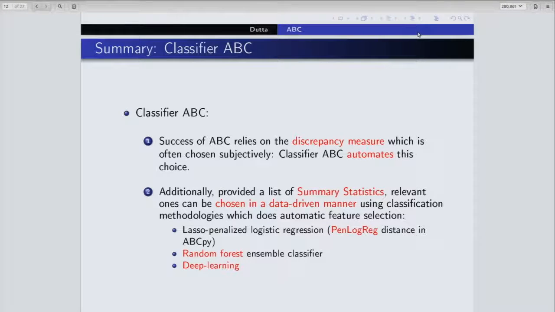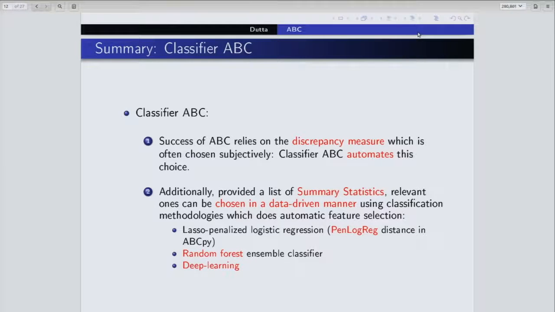If you give those classification rules all the possible summary statistics you have collected from different domain scientists, they will automatically choose which summary statistics give you the best classification accuracy. All of these 3 algorithms, penalized logistic regression, random forest, and deep learning, are able to do that. So in that sense, classifier ABC can do summary statistics choice automatically, and also an automatic discrepancy measure. So it goes hand in hand.